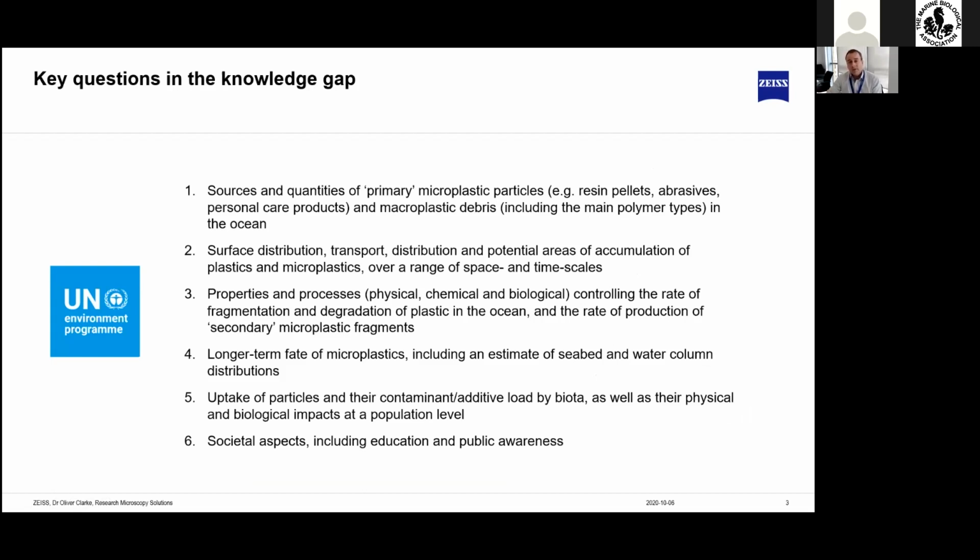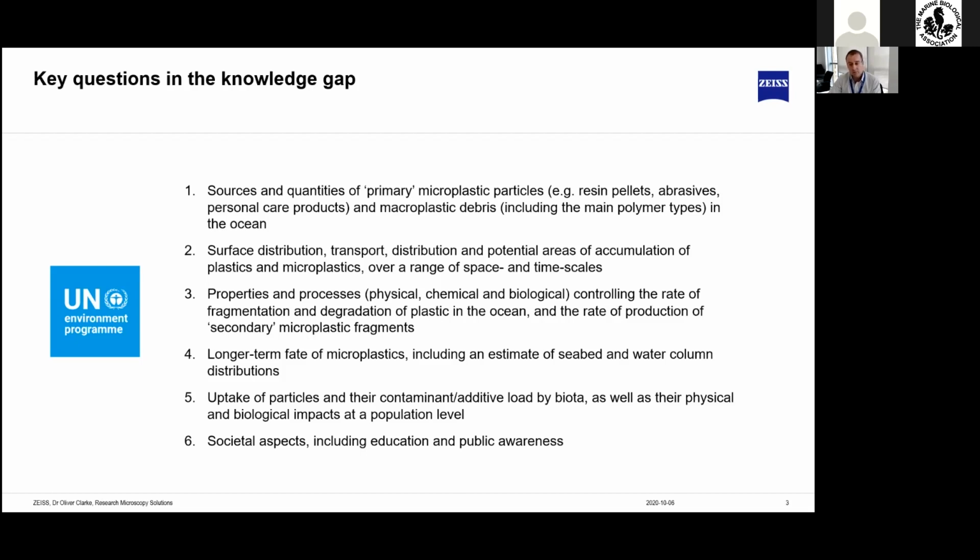Again, just looking around at what the key questions are, as a novice in microplastics, I found the publication from the UN Environment Programme and the section on microplastics, where they quite clearly say what the six main questions are in terms of knowledge gaps.